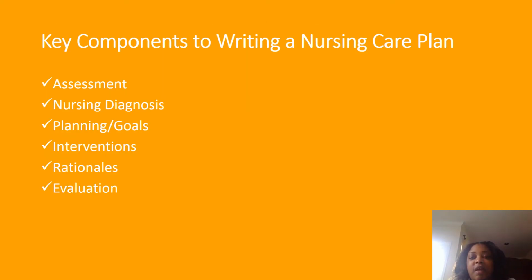So now that you have gathered all the information on that patient, you want to look at the key components to writing a nursing care plan. Those key components include assessment, nursing diagnosis, planning or goals, interventions, rationales, and evaluation.